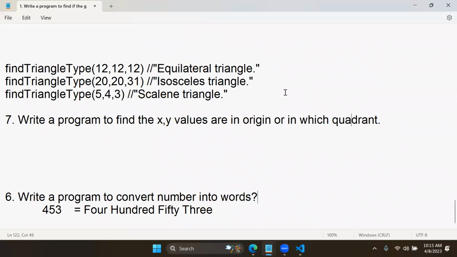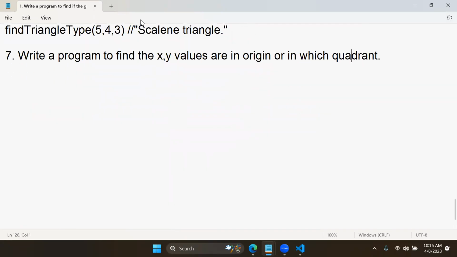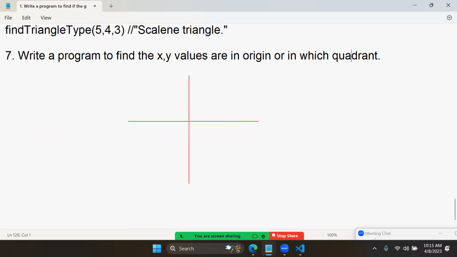quadrant means, now what is the point here? I will draw a diagram here. Suppose this is the diagram, and this is starting with 0. Here it is having the values.